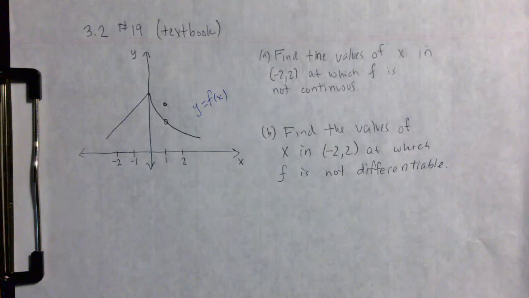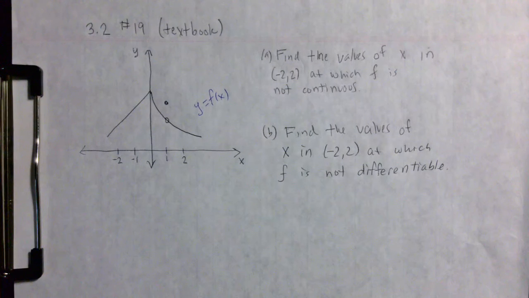Okay. But again, this concept of continuity, one way to think about it informally is just this idea: can you draw the function without lifting your pencil or pen off the page?